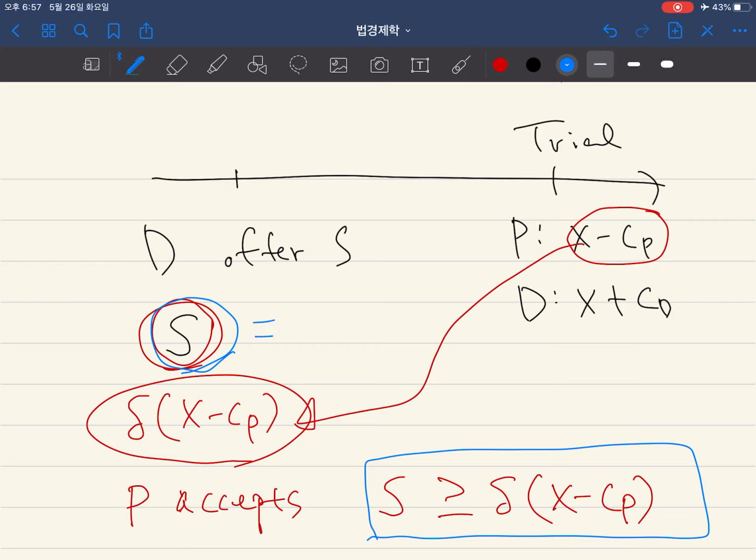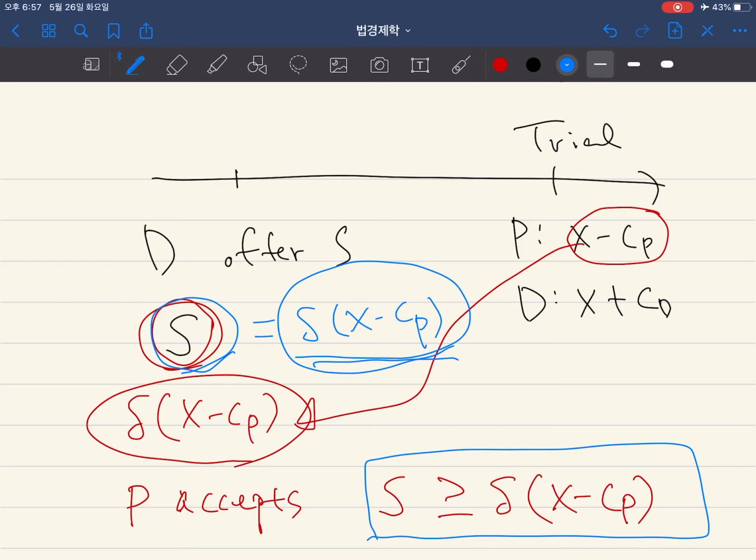Therefore, defendant is going to offer exactly this much, and this value is the present value of plaintiff's trial payoff.